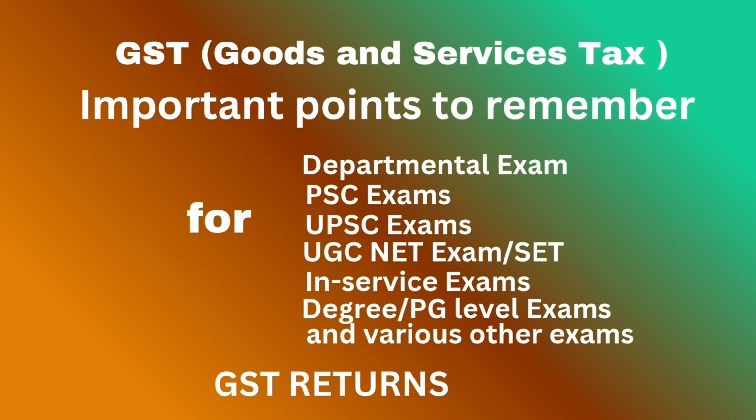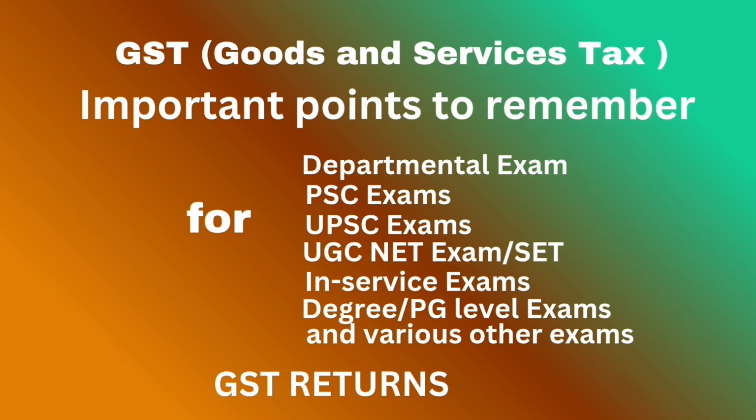IFF is provided to quarterly taxpayers who are in QRMP scheme, to file their details of outward supplies in the first 2 months of the quarter, between the first day of the succeeding month till the 13th day of the succeeding month, up to a cumulative value of rupees 50 lakh in each of the first 2 months of the quarter, and to pass on the credit to their recipient.